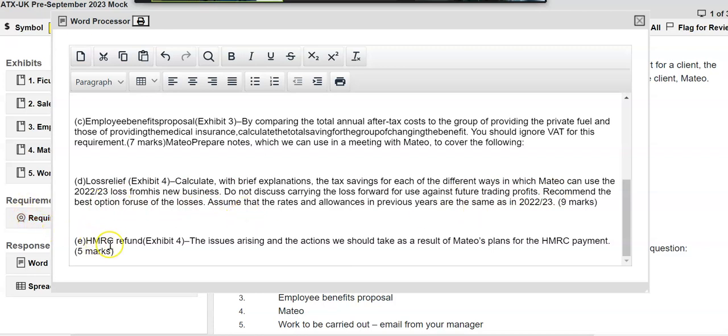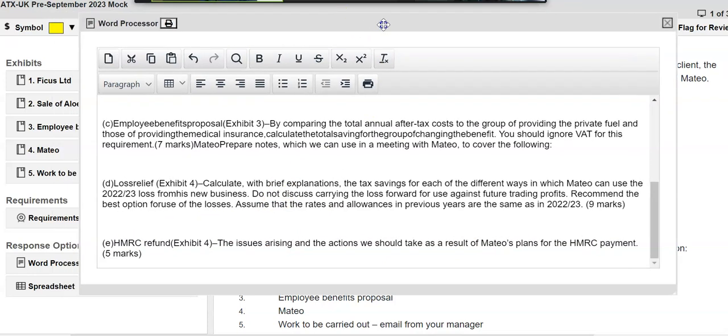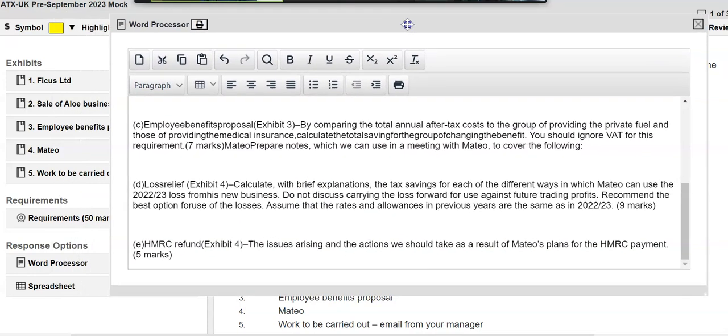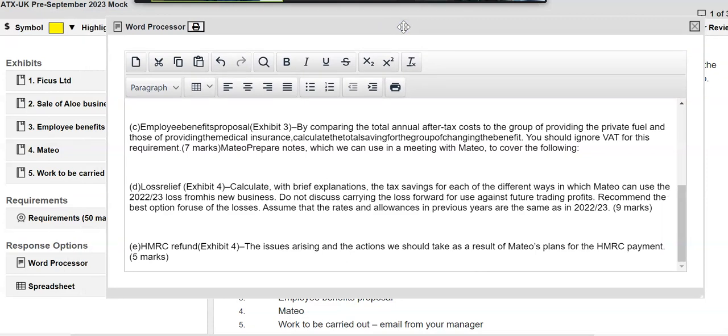Okay, then part E, HMRC refund. The issues arising and the action that we should take as a result of Matthew's plan for the HMRC payments. That's 5 marks, which is pretty easy. That was actually related to the ethics part, the first topic which we discussed, I guess, right?